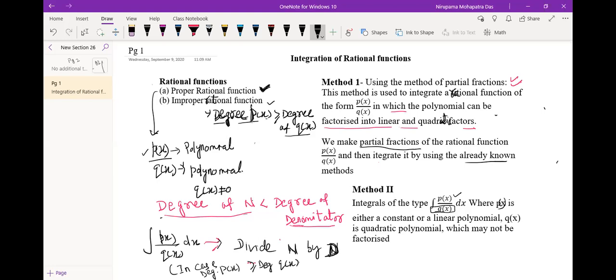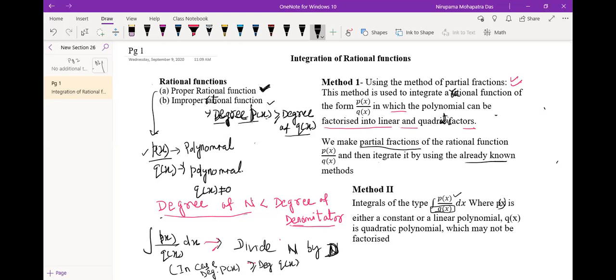In the second case, q(x) may not be factorized, so we cannot express it as a product of two or more factors. This is the difference between the two methods.